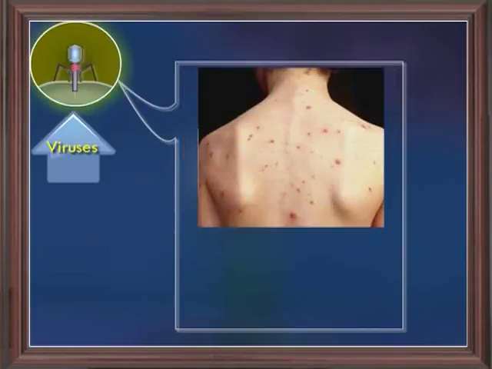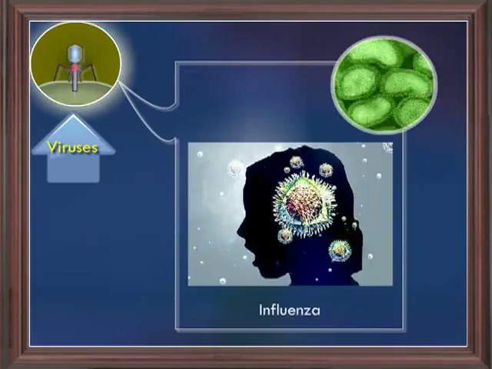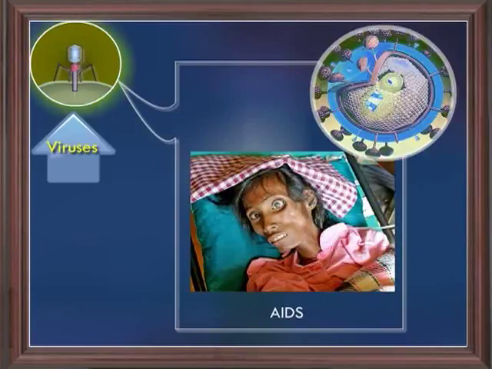Viruses can cause many diseases in man like measles, chickenpox, mumps, polio, influenza, common cold, AIDS, etc. There are no drugs to cure viral diseases, but these can be prevented with the help of preventive measures such as vaccination.